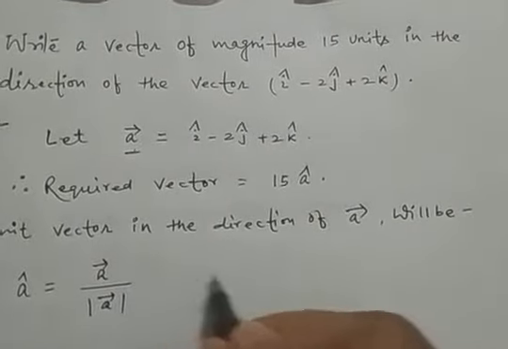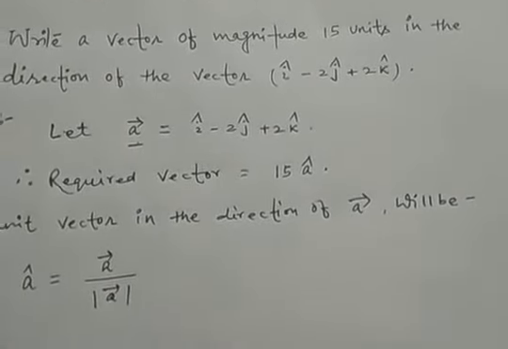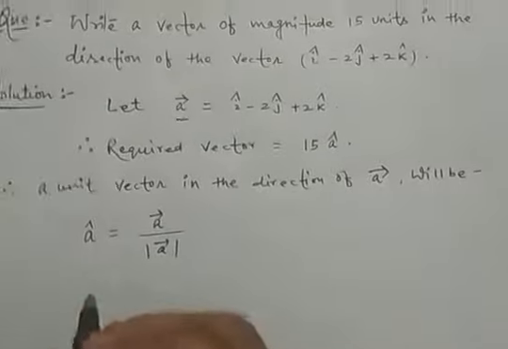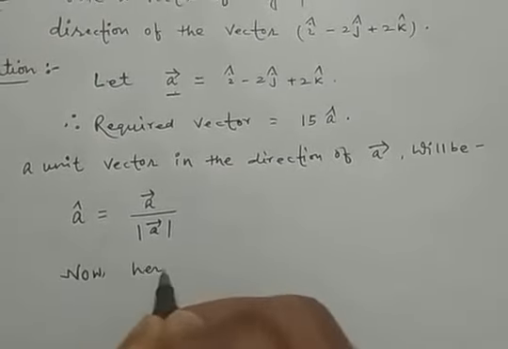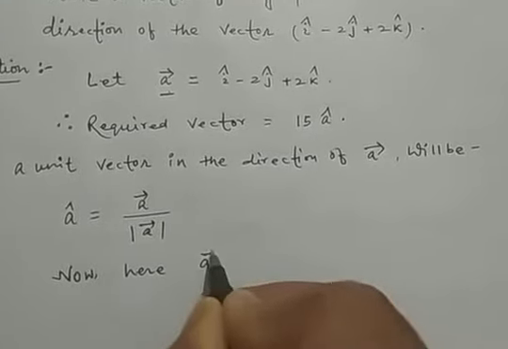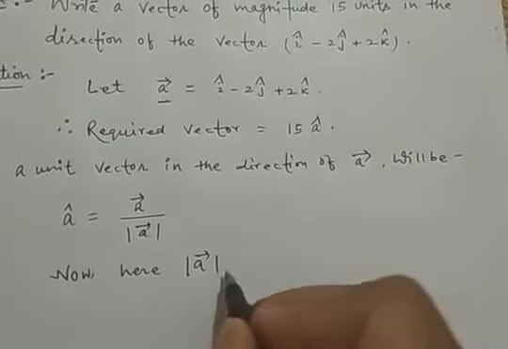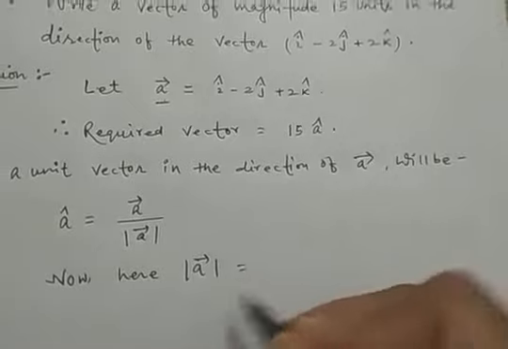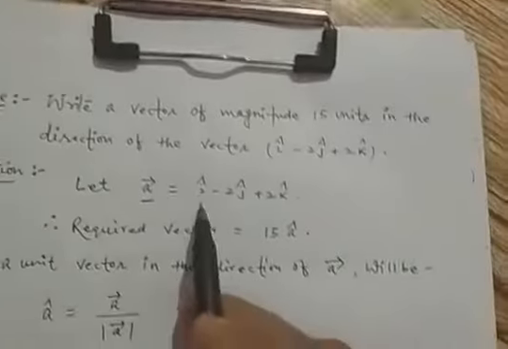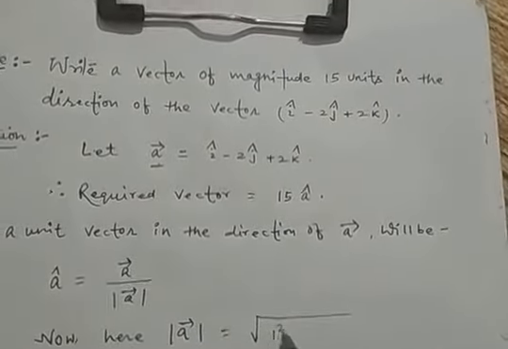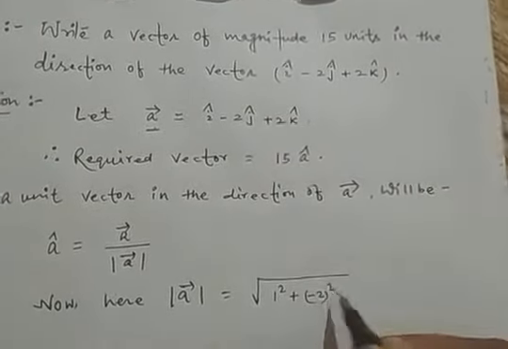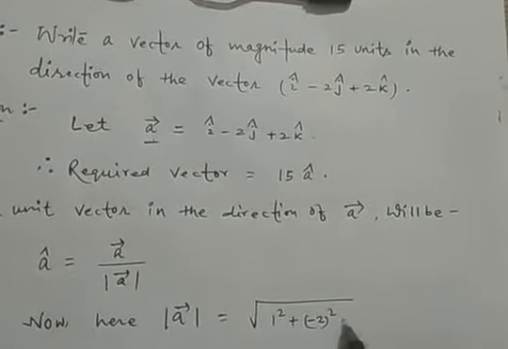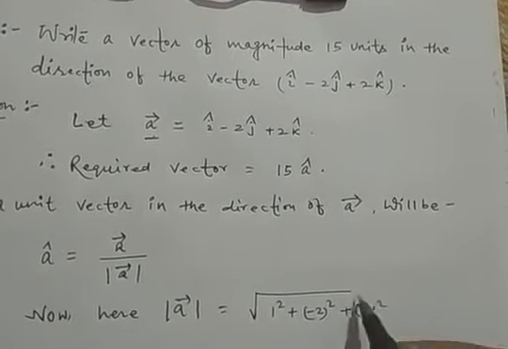So now the magnitude of vector A, mod vector A, will be under root 1 square plus minus 2 whole square plus 2 whole square.